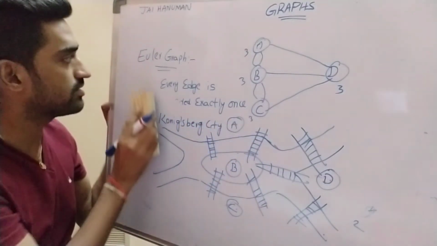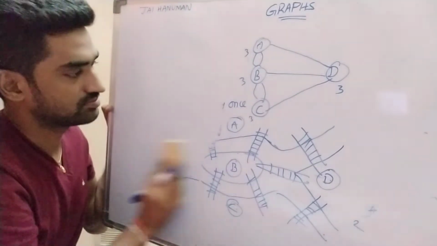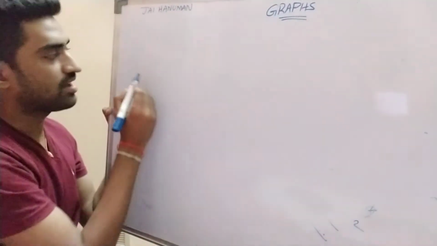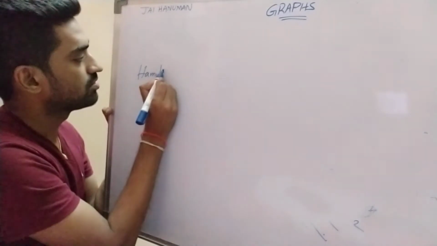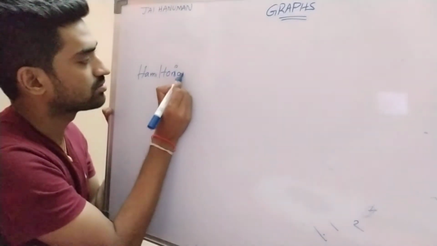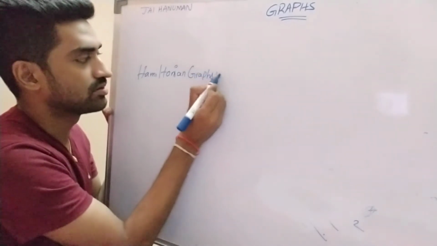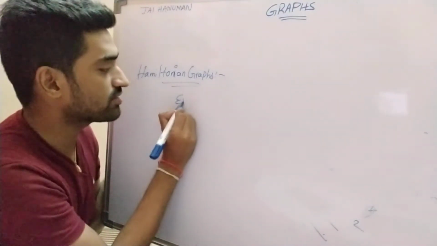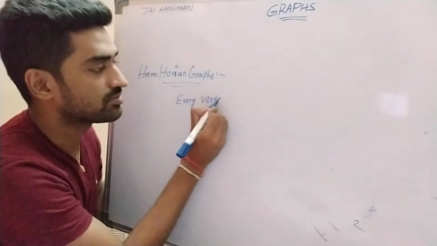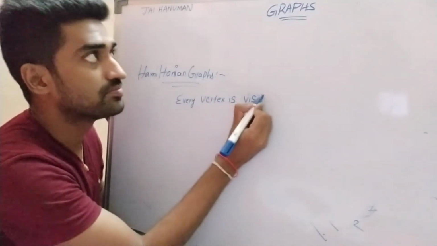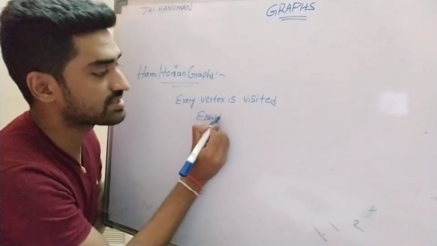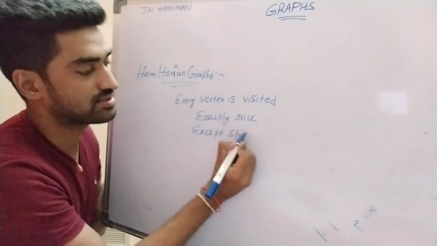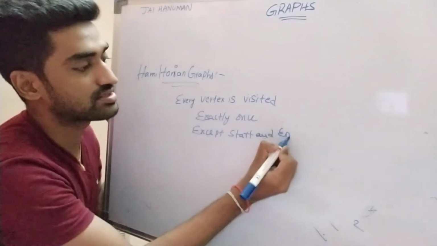Then we are discussing Hamiltonian graphs. A graph is called a Hamiltonian graph in which every vertex is visited exactly once, except the starting and ending vertices.